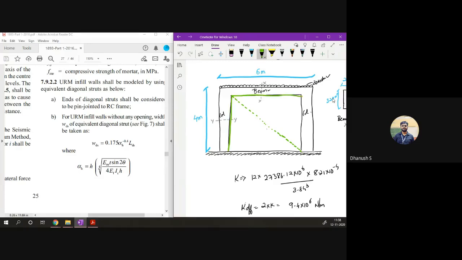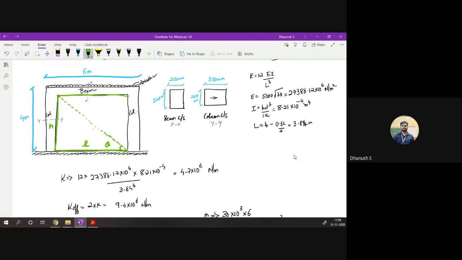Let's call this L, let's call this H, and I'll call this small l to avoid confusion. What is small l equal to? 6 minus 2 times the column thickness, 2 into 0.35. How much is this? 5.3.